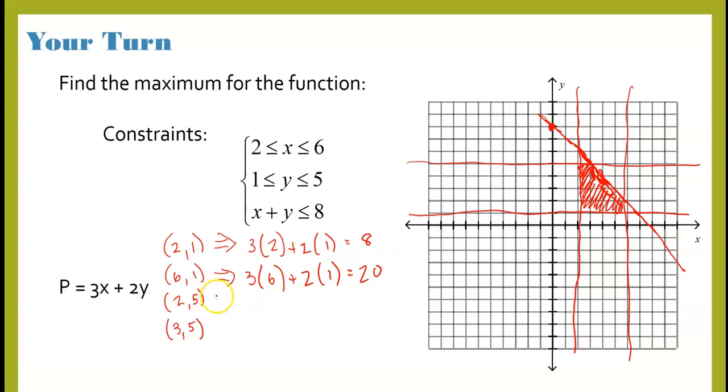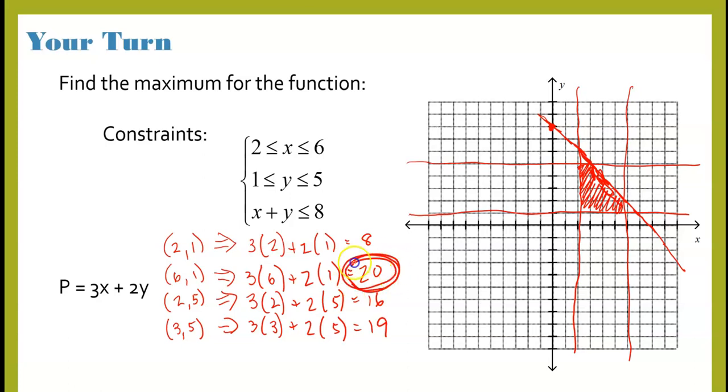Gives us 20. We put 2, 5 into the objective function. Gives us 16. And we put 3, 5 into the objective function. Gives us 19. And so our maximum value for the function is 20, and it occurs at the point 6, 1.